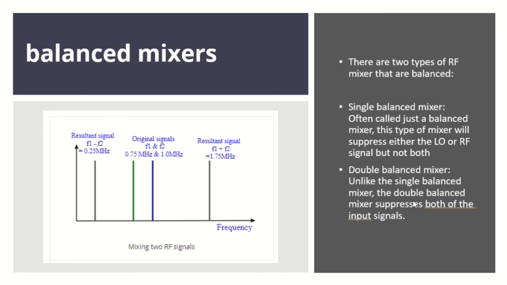So the double balance mixer will suppress, or remove, both of the input signals. So at the output only the resultant signal comes out, without the two original signals. Okay, so most circuits nowadays use the double balance mixer.